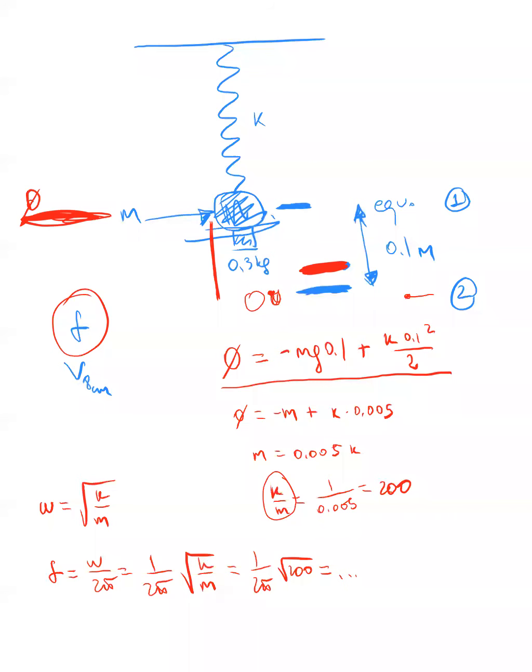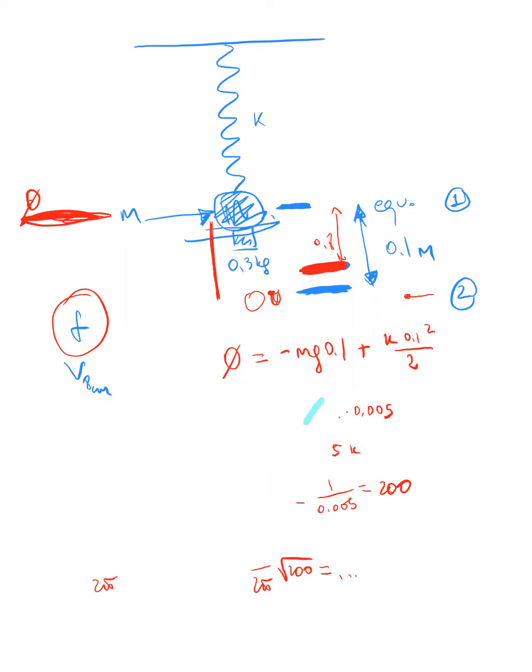To find the velocity 8 centimeters below the equilibrium, I will again use conservation of energy. So let me erase all of this and write the conservation of energy again. This time I have 0 as usual because I started from 0 energy.